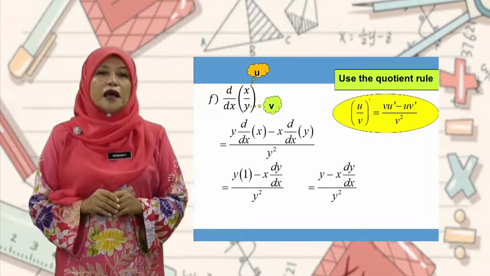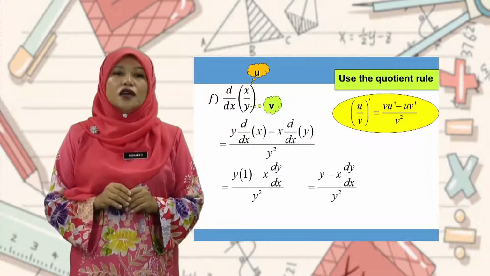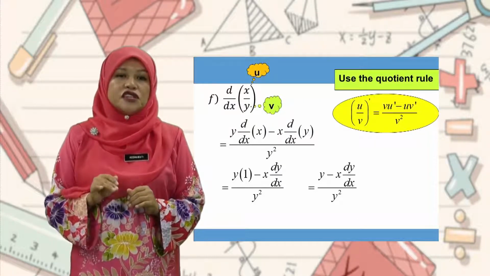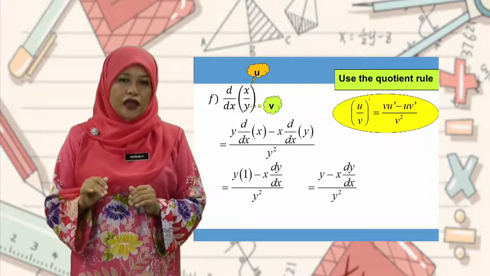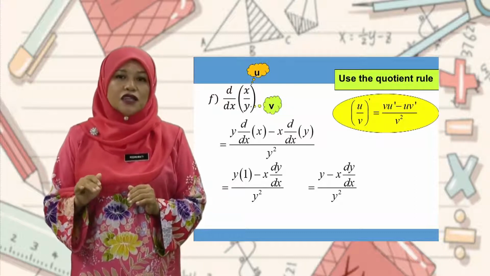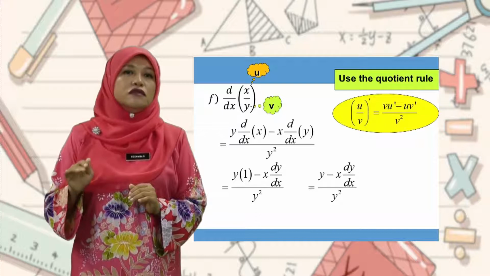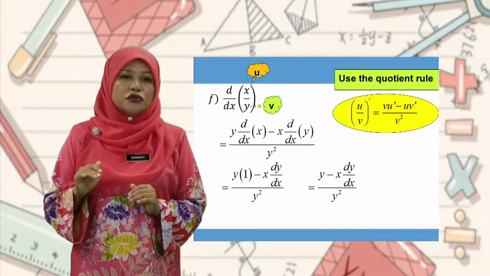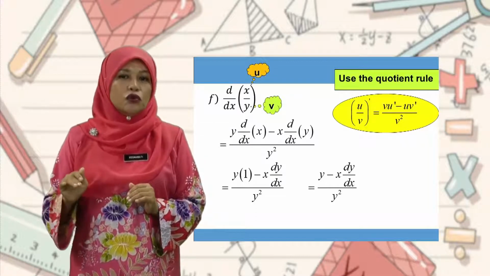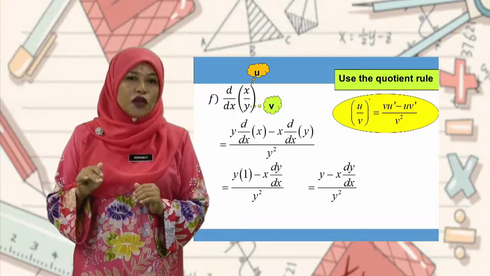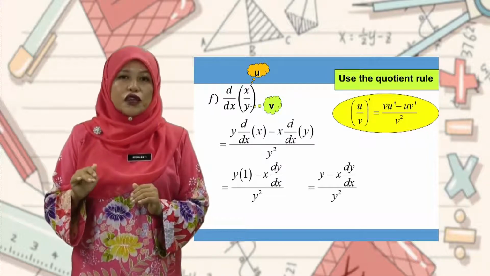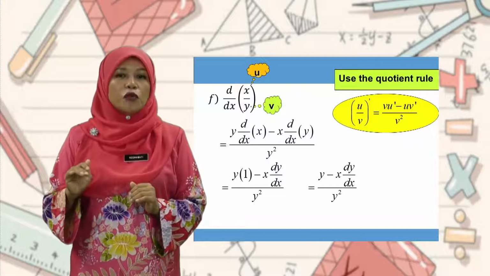Okay, next example. Here we do have differentiation of y over x. In this case, we have a quotient function. So we need to treat it by using quotient rule. Still remember what is quotient rule? Recall your quotient rule formula.